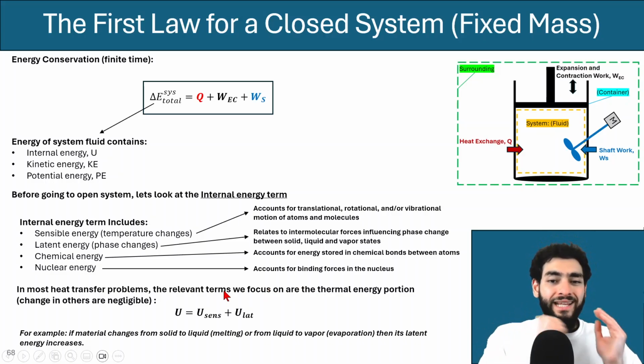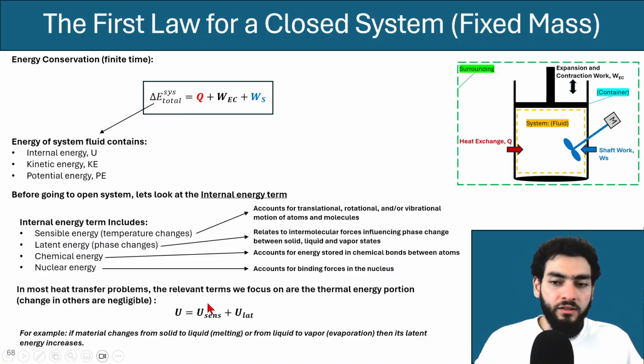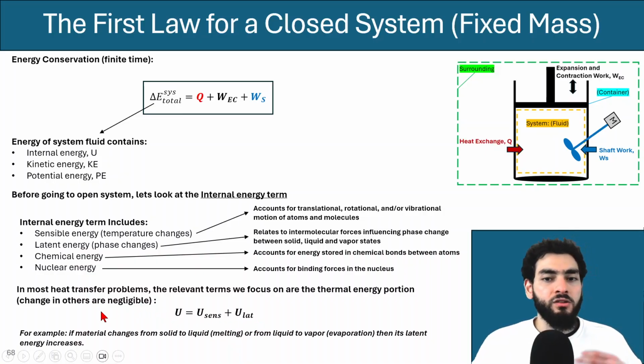Now, in most heat transfer problems, the relevant terms we focus on are the thermal energy portion. That means the sensible energy, which is U sense, plus the latent energy portion, which is U latent over here. The changes in the others are mostly negligible.